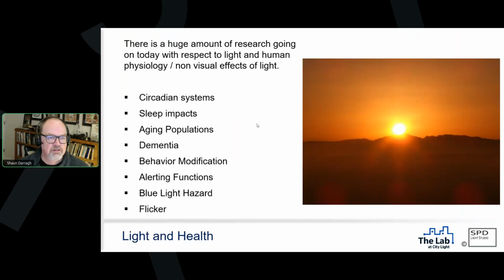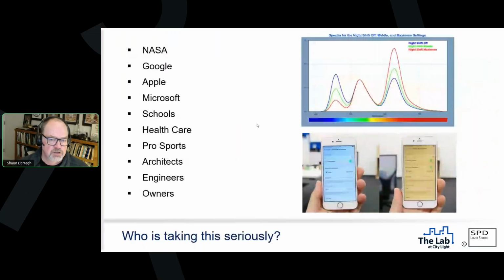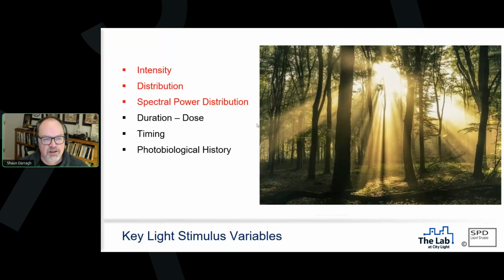Now, for light and health, again, there's a lot going on out there. There's a huge amount of research. Lots of people are taking it seriously. The key thing here is that the key stimulus variables that are in play for the circadian systems and for light and health, 3 of them are also the top 3 variables for human-centric or energy effective lighting design.